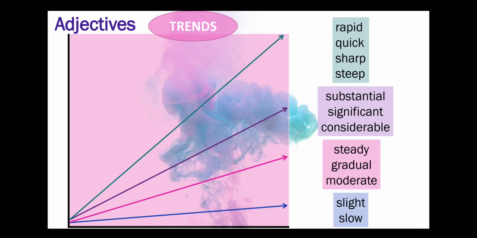Again, these are the adjectives, and you can see the graph lines. Depending on the extent of increase, the adjectives will be chosen. So we have slow, slight, moderate, gradual, steady, considerable, significant, substantial, steep, sharp, quick, and rapid.